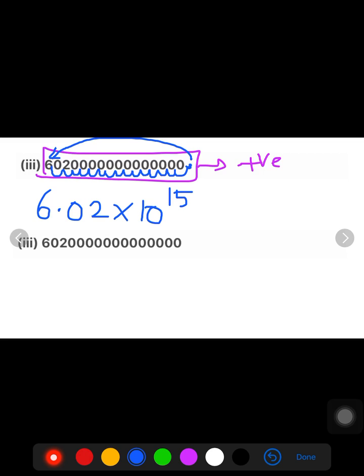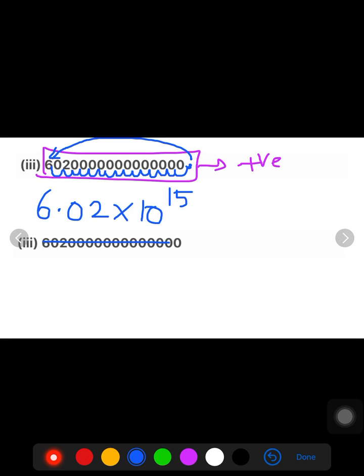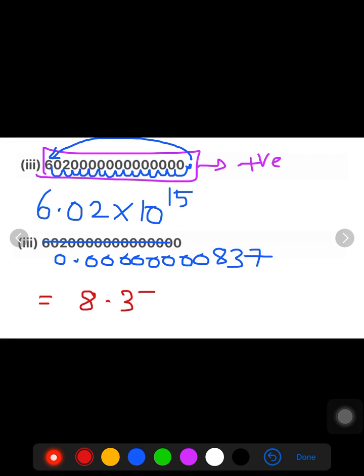Now again, question number 4. Question number 4 is 0.00000000837. Again, you'll be representing this number in standard form like 8.37.